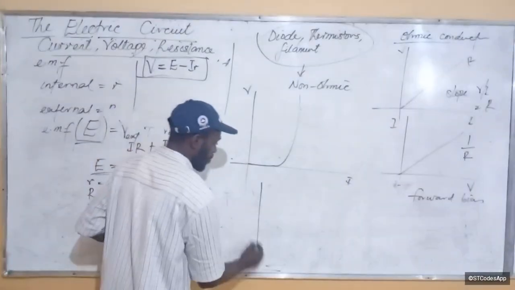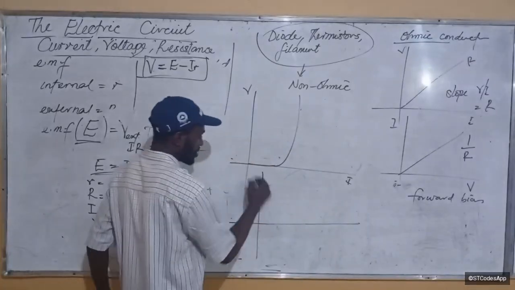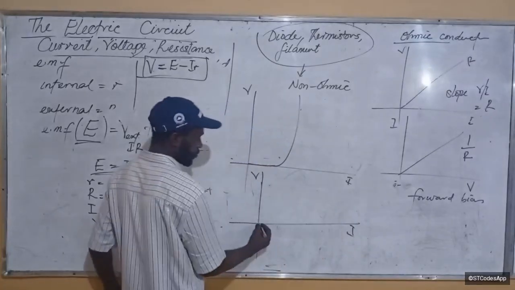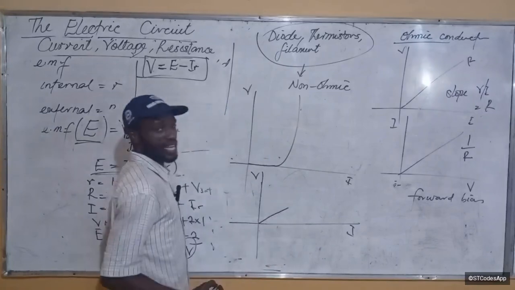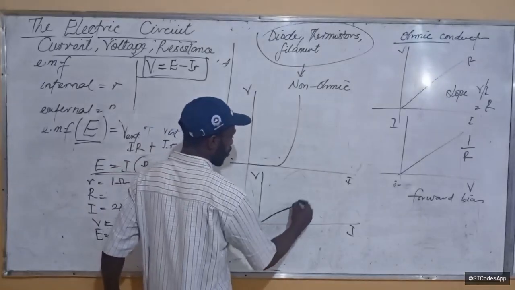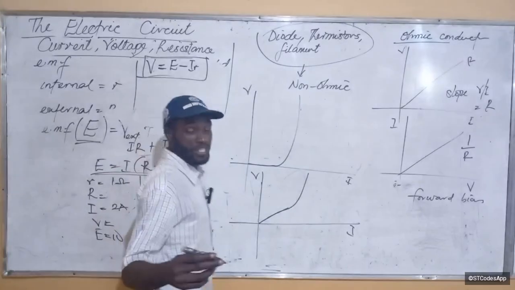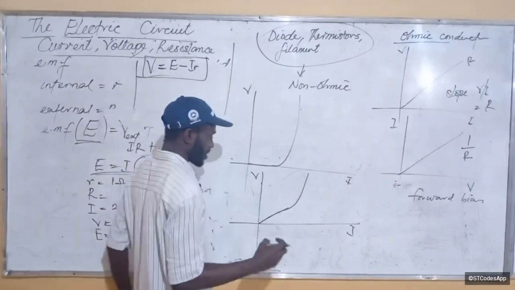Look at a bulb, for example. The VI graph of a bulb will look something like this. For a while, the voltage and current will work together. After a while, it will pick up too. That is the time you begin to see the bulb heating up.